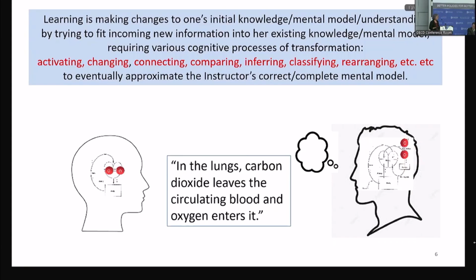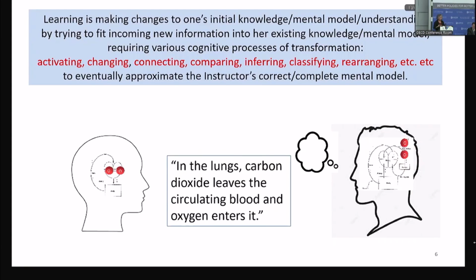In learning, the student is continuously trying to fit incoming new information into her existing mental model, requiring various cognitive processes such as activating, changing, connecting, comparing, inferring, classifying, rearranging, all kinds of processes that we can't really isolate or see because they are covert. They undergo all these processes to eventually approximate the expert's correct or complete mental model.